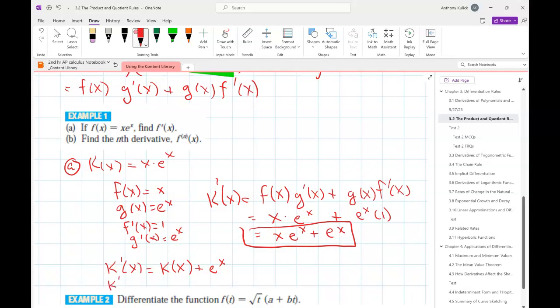So what would we expect the second derivative to be? Well, I'd get a k of x plus e to the x when I differentiate this, plus another e to the x.